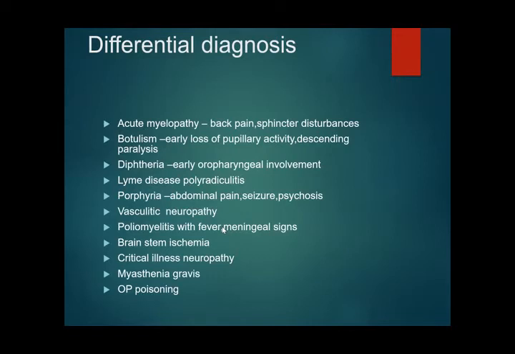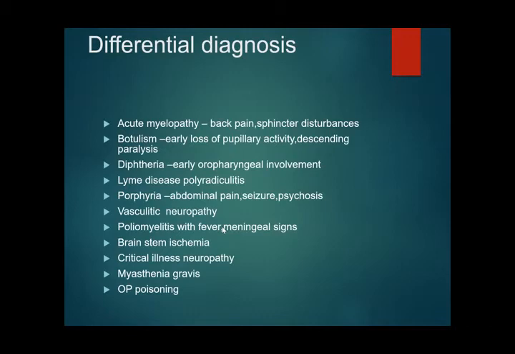Poliomyelitis can have fever and signs of meningeal irritation, like aseptic meningitis, and can be accompanied by brainstem ischemia. Again, it will be very sudden in onset first of all, and then you will have upper motor neuron signs. The patient may have an altered state of consciousness depending on the part of the brainstem involved, and you may be able to fit that presentation into one of the brainstem syndromes like lateral medullary syndrome, locked-in syndrome, or medial medullary syndrome.